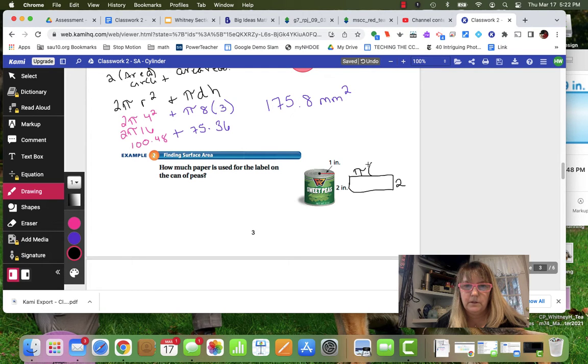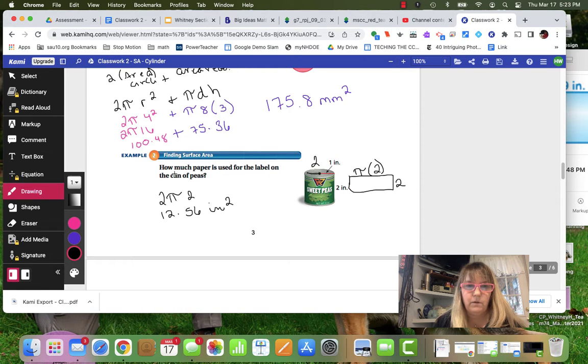The diameter is all the way across, so the diameter is 2. So pi times 2. Well, that's not so bad. So 2 times pi times 2 is 12.56 inches squared.